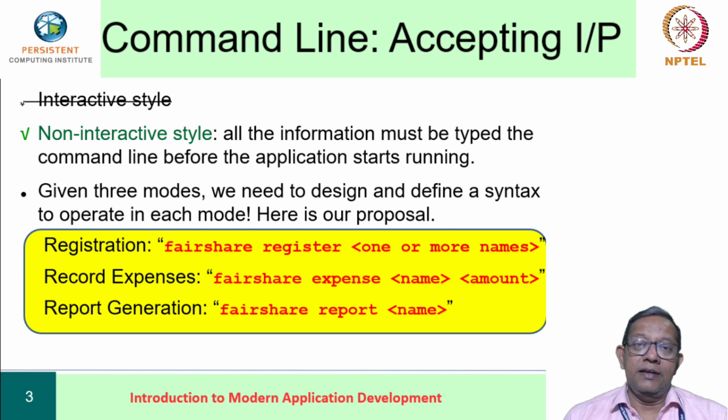We had seen that the registration phase would be simply a loop running over all the names given on the command line, and the expenses phase would be simply calculating the per head share given the amount for each roommate.